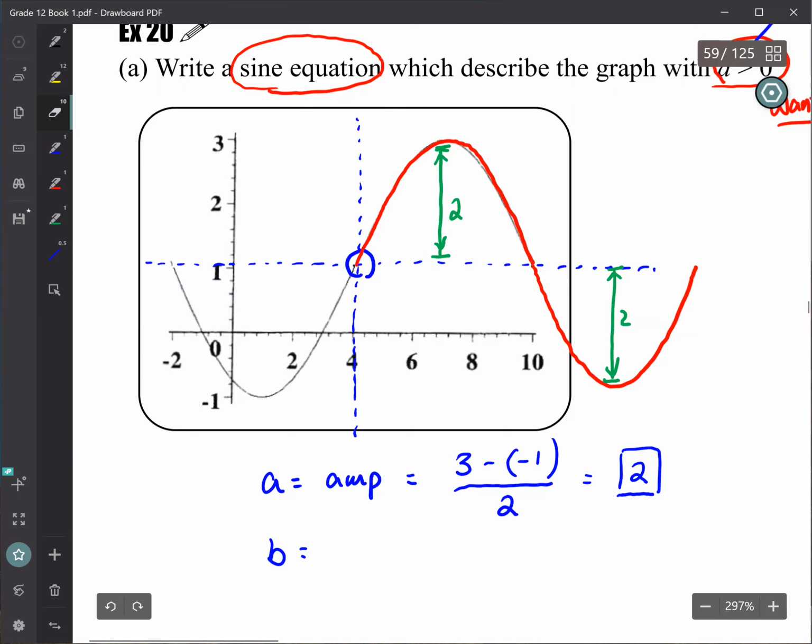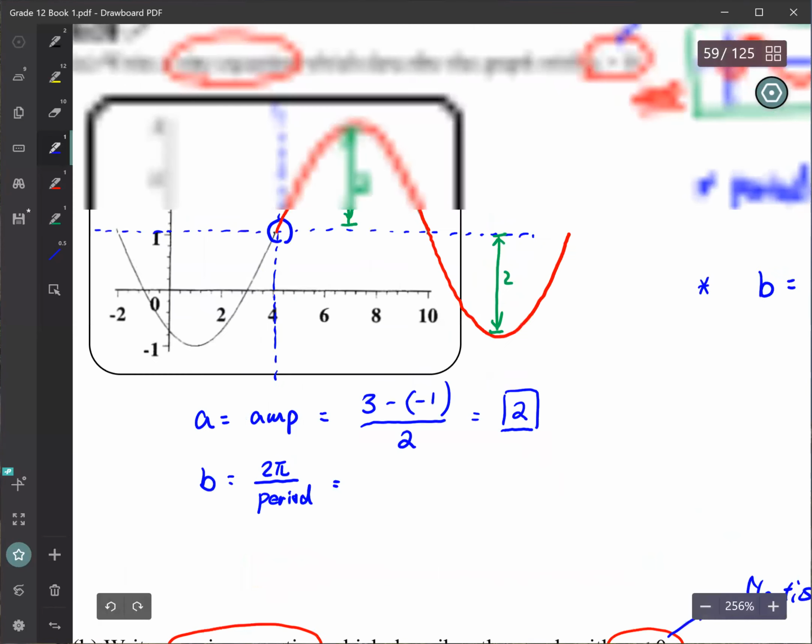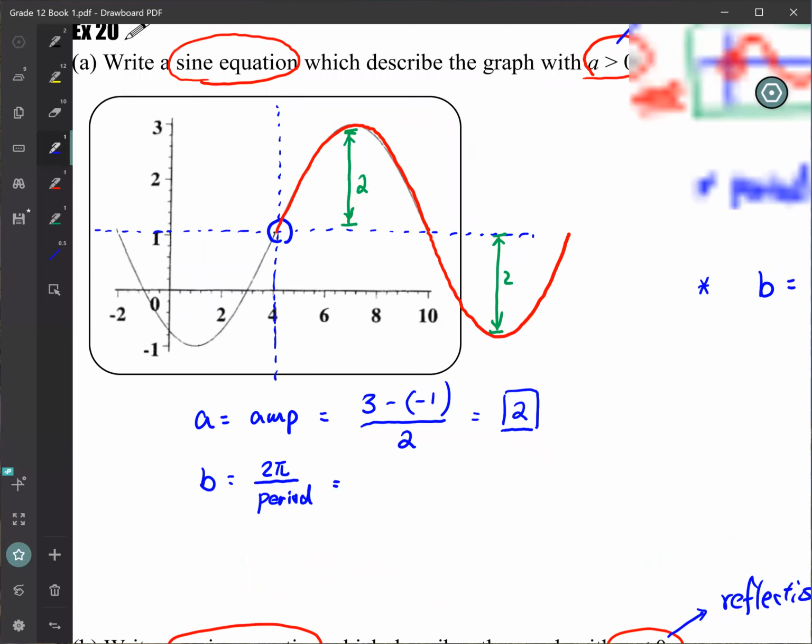So the formula is 2 pi divided by the period. So you look at the picture now. How long is the period? Take a look. How long does it take for the graph to complete one rotation, right?